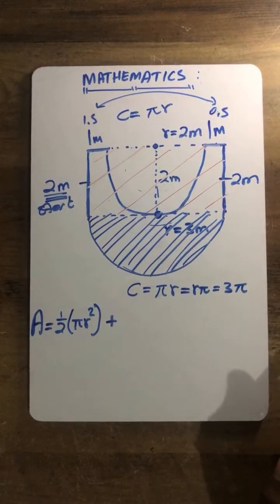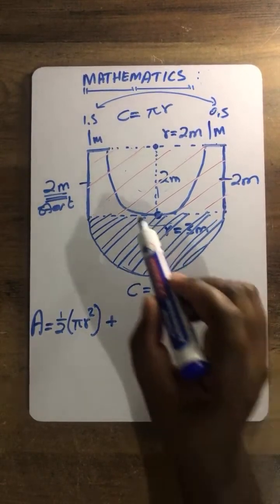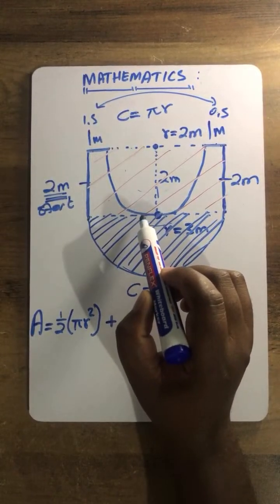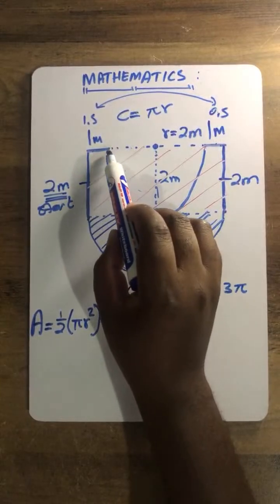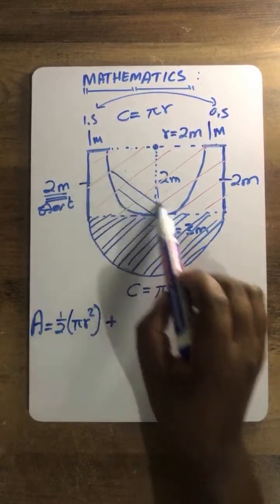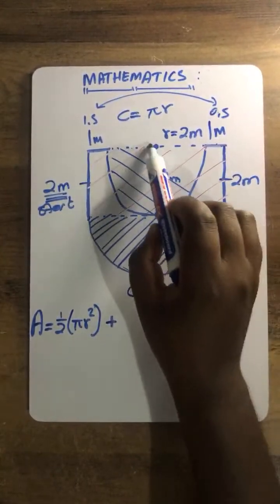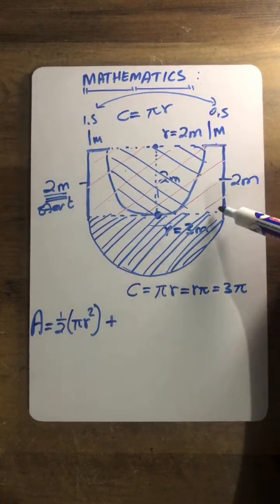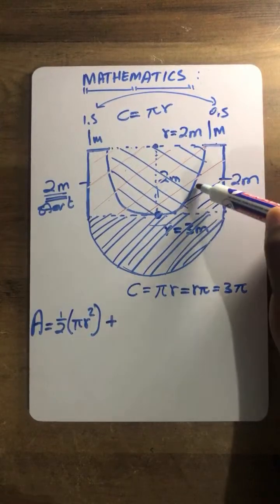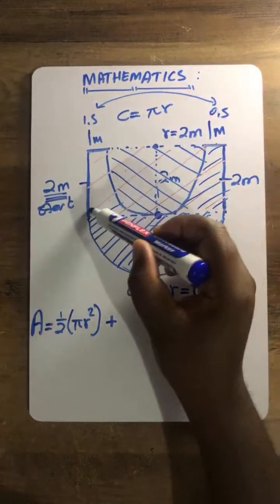After calculating the area of that, you are going to subtract the area of that semicircle. And then that will leave you with this area, which is what you are looking for.